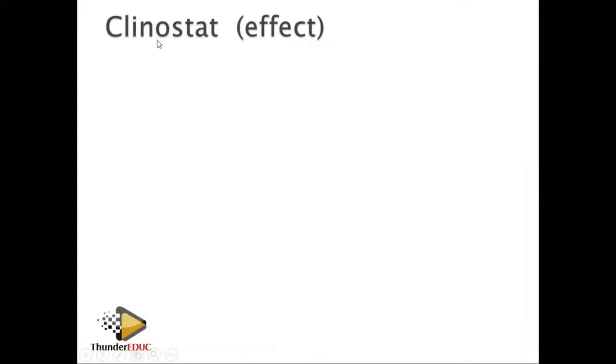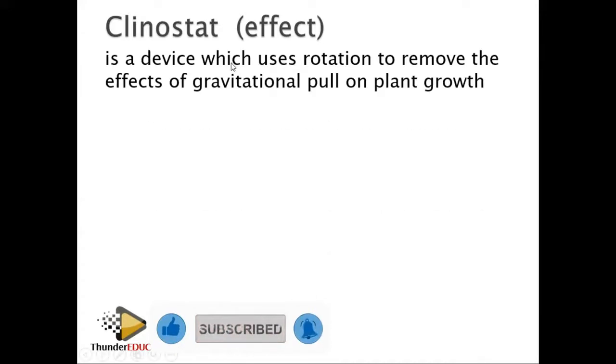But now, sometimes we have the effect of a clinostat. A clinostat is just a small machine which rotates at a very slow pace just to remove the effect of auxins on both roots and shoot. It's a device which uses rotation to remove the effect of gravitational pull on plant growth.